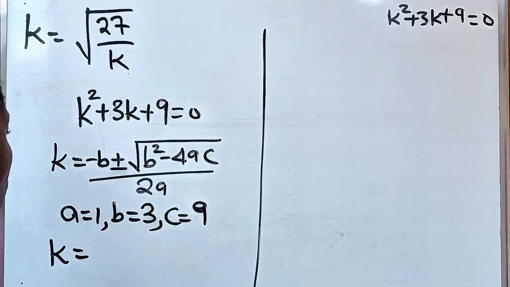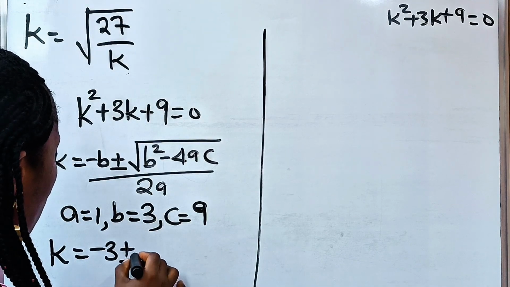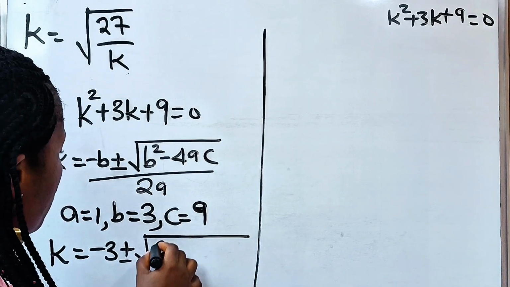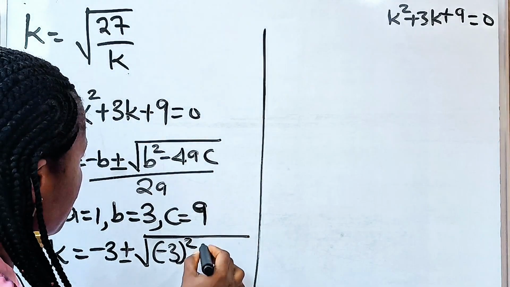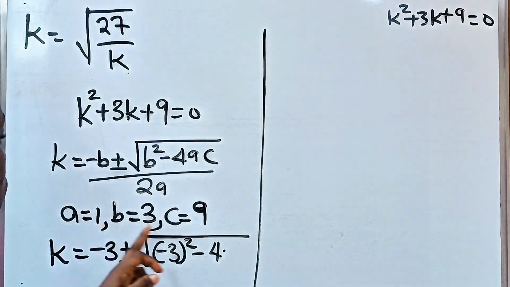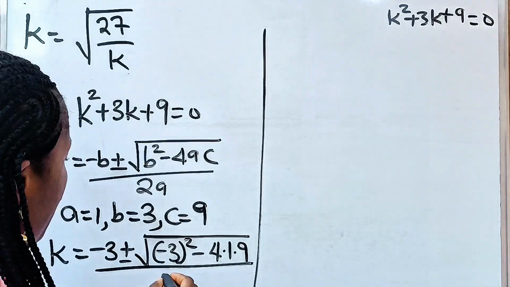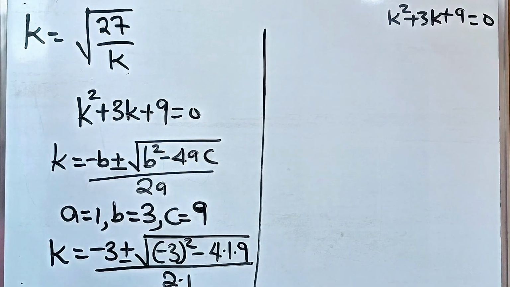All right, now we substitute these values into this formula. k will be equal to minus 3 plus or minus square root of minus 3 squared minus 4 multiplied by a, which is 1, and c, which is 9, so 1 times 9, everything divided by 2 multiplied by 1.